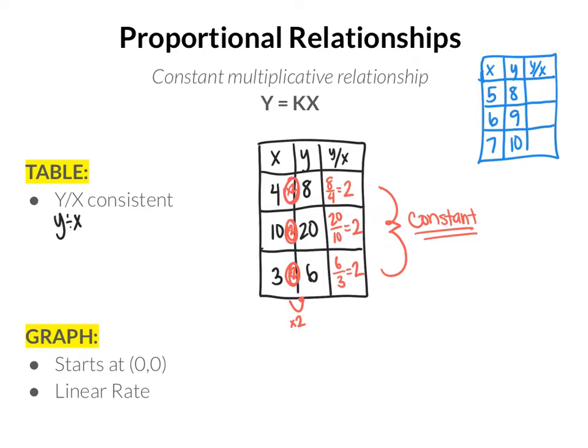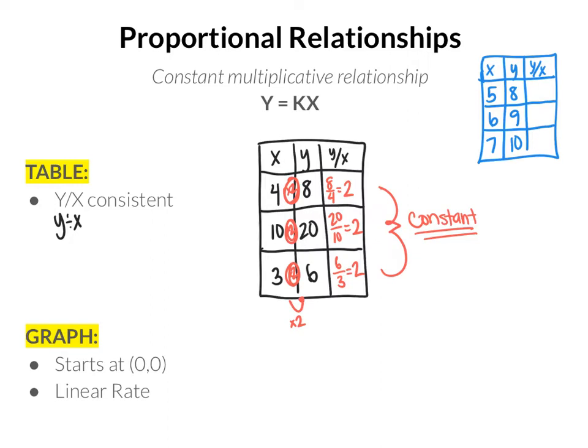If I see this table that says 5, 6, 7 for each of the x's, and 8, 9, 10 for each of the y's, we can see that there is some kind of relationship between these variables. But it's an additive relationship, meaning for each one of these, I add 3 to get from x to y.